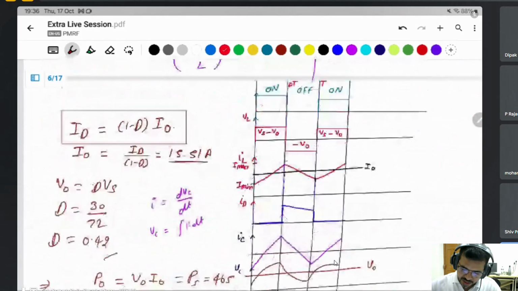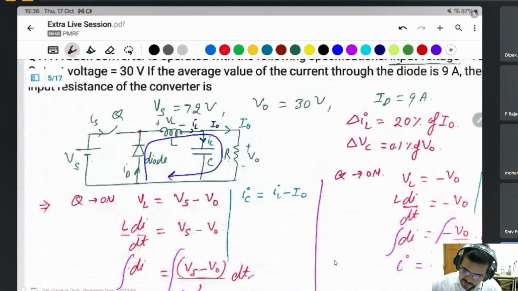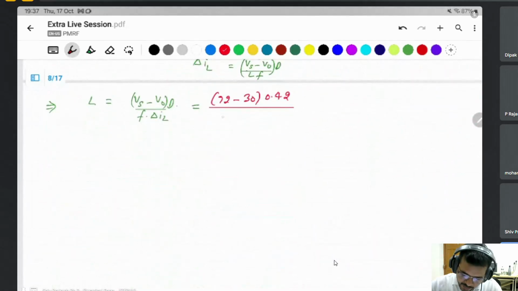Frequency is not given, so suppose we take a frequency of 50 kilohertz for this operation, which is 50 into 10 to the power of 3. Delta IL is calculated as 3.1. Then the inductor value comes to 8 micro Henry.